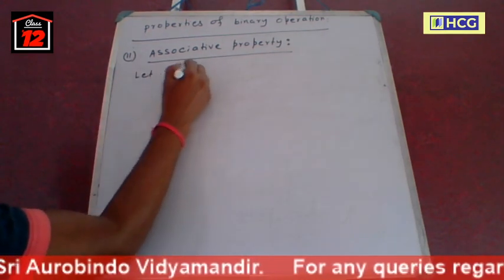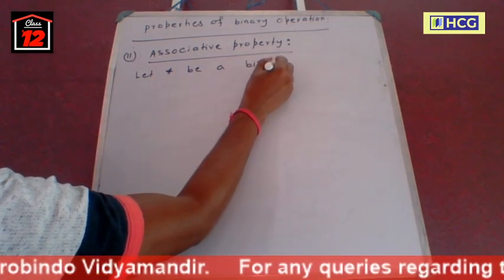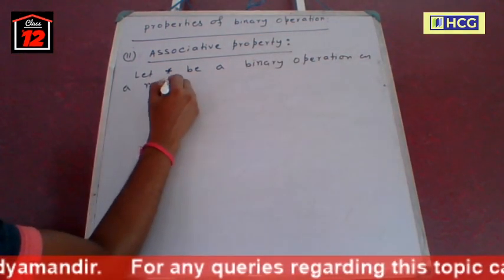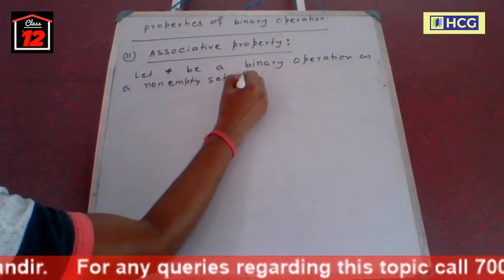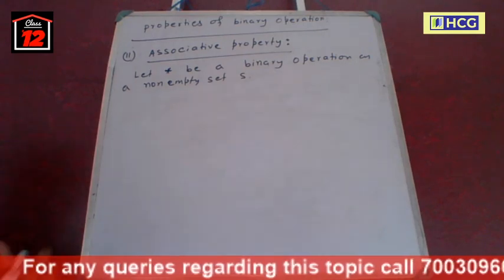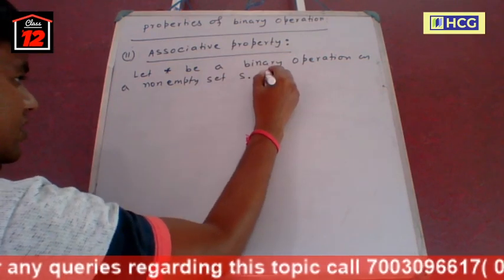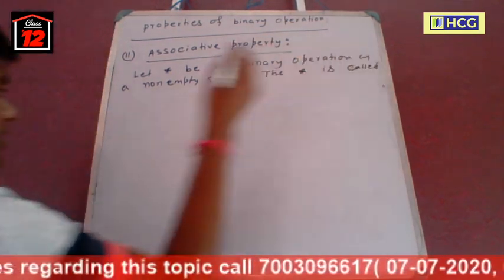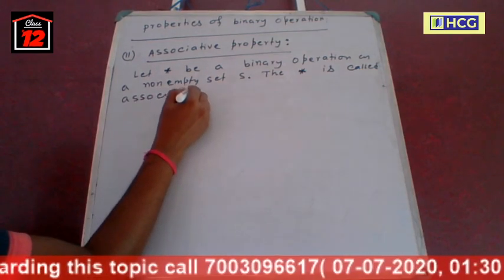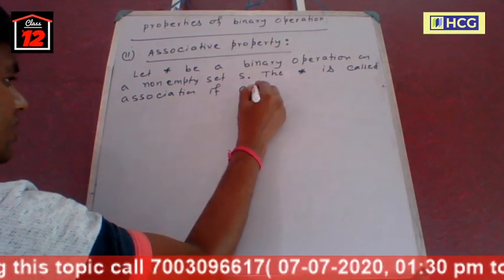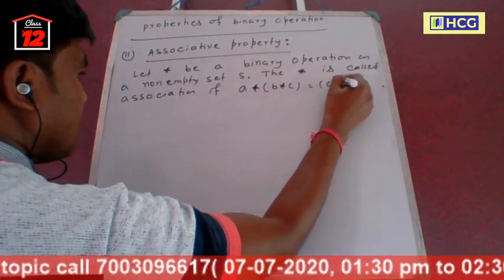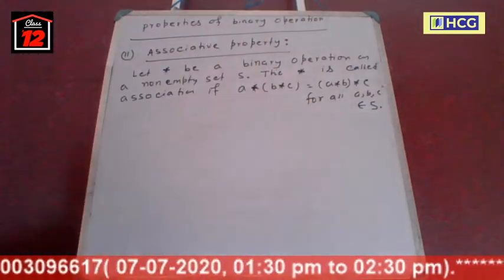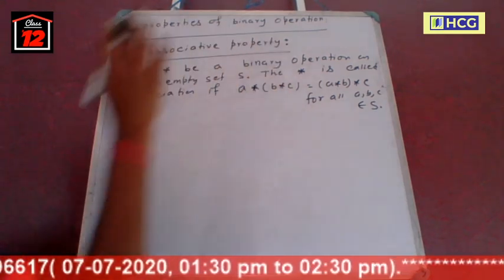Let star be a binary operation on a non-empty set S. The operation is called associative if (a star b) star c equals a star (b star c) for all a, b, c belonging to S. So when this condition is satisfied, the operation is called associative.